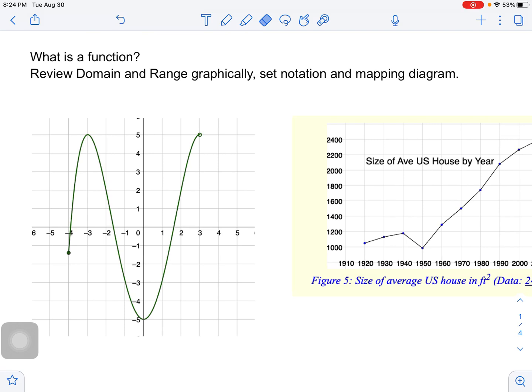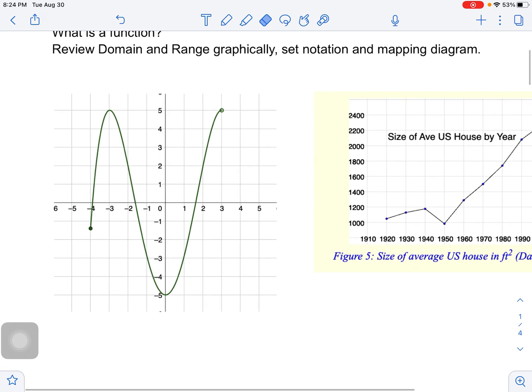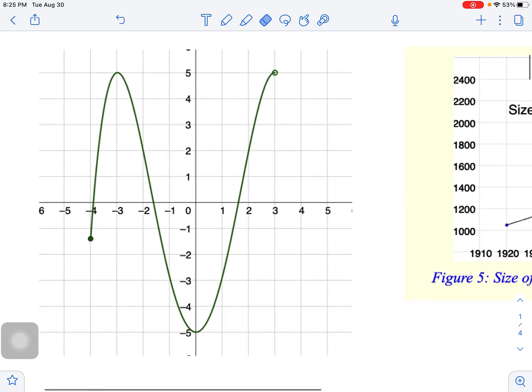So in our first graph, we see a picture of a curve, the green curve. For this to be a function, we must see that every input has exactly one output. So I'm looking here on my graph, and I see at -3 as an input, there is an output of 5.